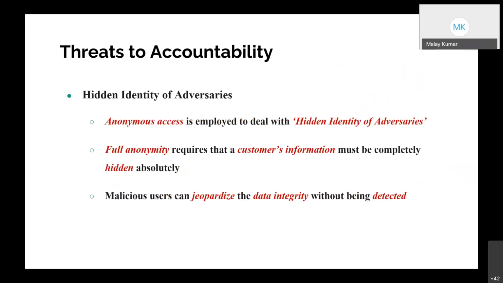The next threat is possible due to the registration issue of the cloud service provider. As you have seen, since all of you have registered to AWS cloud computing, the registration process is very lenient, so that a large number of clients or customers could be onboarded to the cloud service provider's platform.